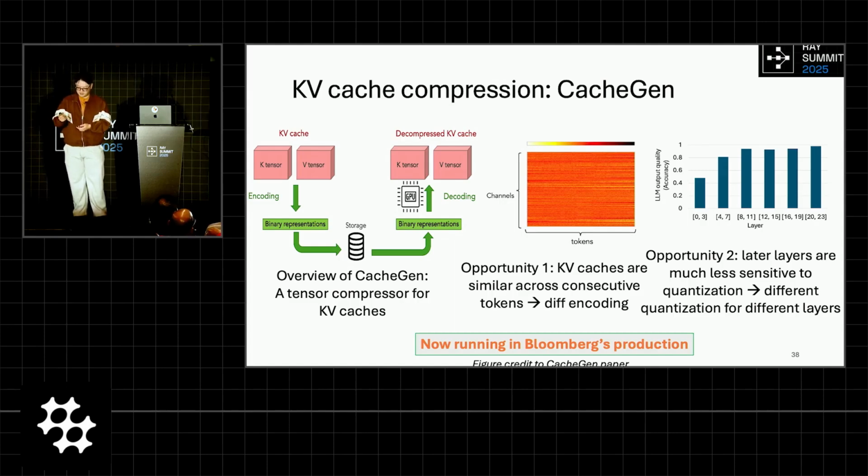Later layers are much less sensitive to quantization, because if your model has 80 layers and you quantize the 79th layer, your error only affects one layer at most. But if you quantize the first layers, the error will propagate through the whole model. So later layers are much less sensitive to quantization. And this technique is now running in Bloomberg's production.